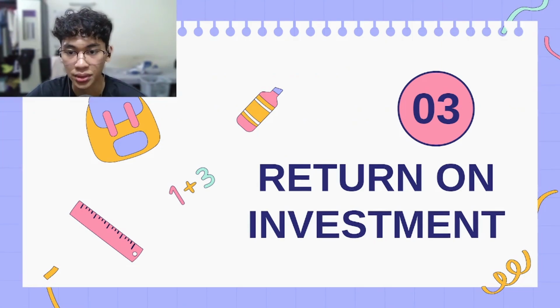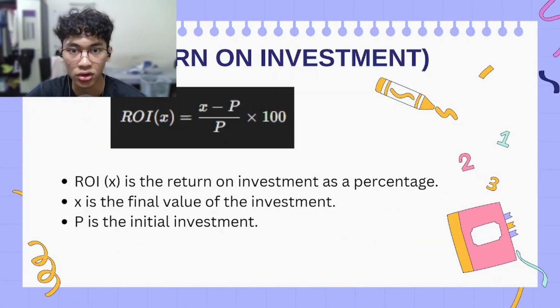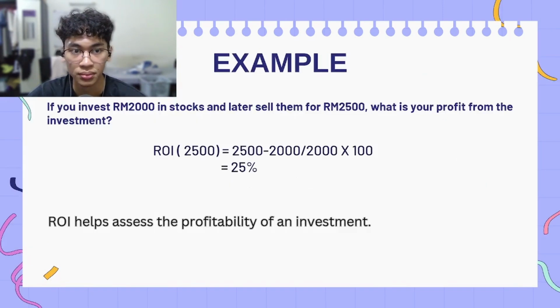Okay, so next we'll be talking about return on investment. Return on investment also stands for ROI. ROI is the return on investment as a percentage. X is the final value of the investment, and P is the initial investment. So here's an example of ROI question. If you invest 2,000 ringgit in stocks and later sell them for 2,500 ringgit, what is your profit from the investment?